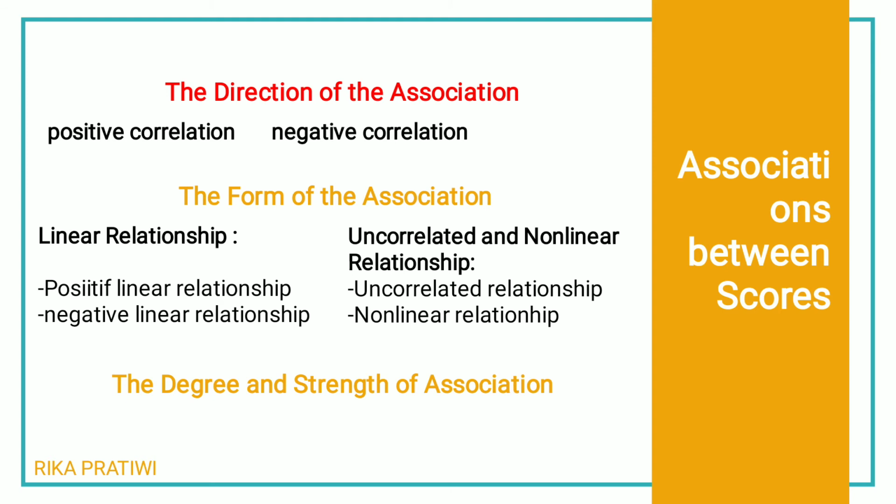Next, about the association between scores. The direction of the association is positive correlation and negative correlation. Positive correlation, the points move in the same direction. That is, when X increases, so does Y, or alternatively, if X decreases, so does Y. Negative correlation is when the points move in the opposite direction.